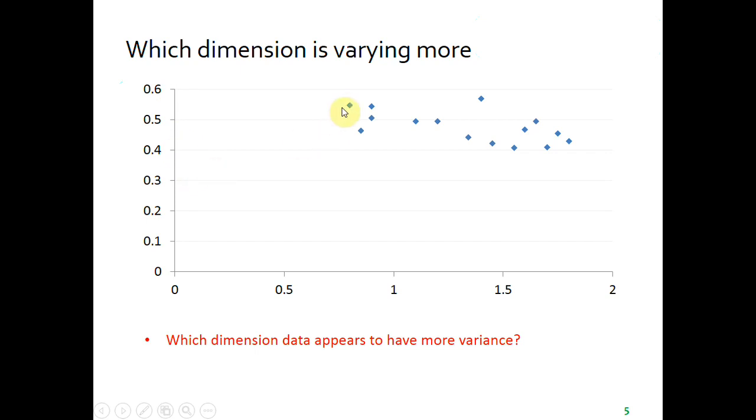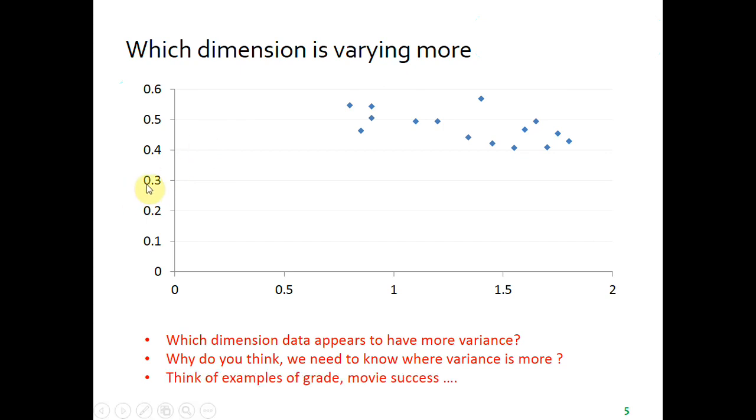So what did you do? In fact, you probably draw perpendicular here, and wherever it is cutting, you saw how much it is varying here. And you found it's varying much more here than here. But if I ask you intuitively why this question is being asked, which dimension is varying more? Think of, for example, a grade.